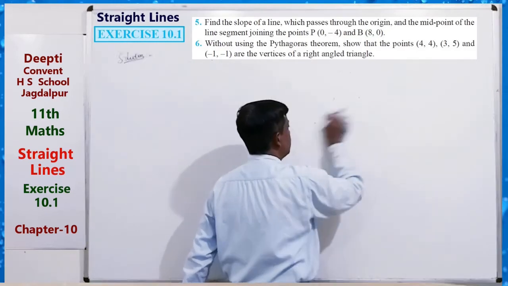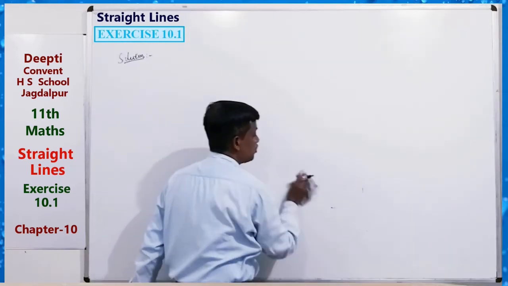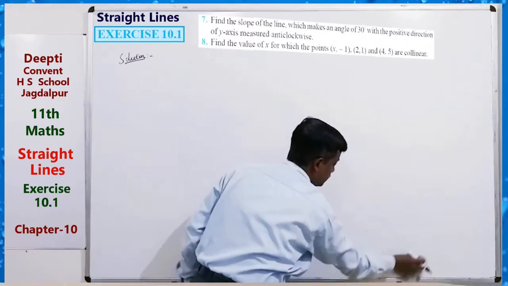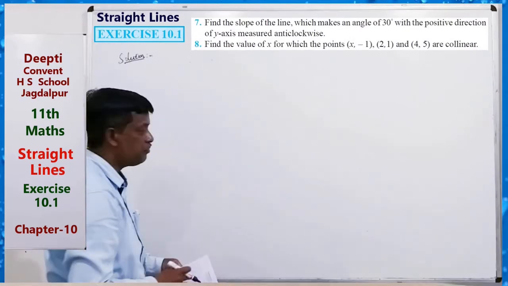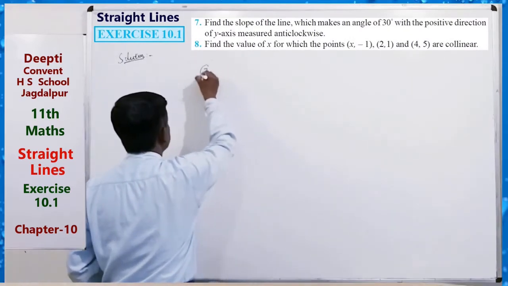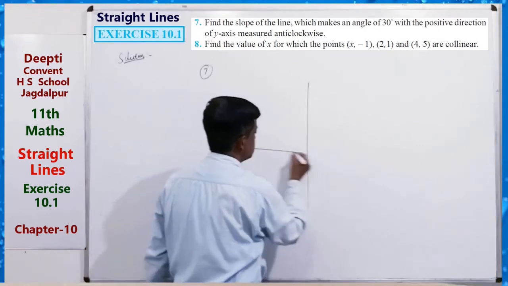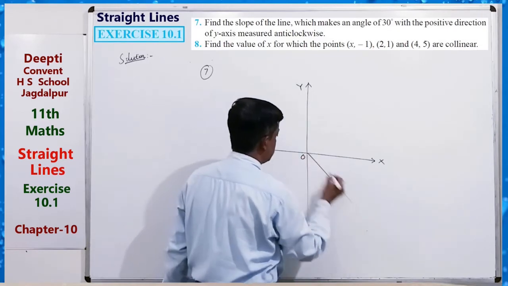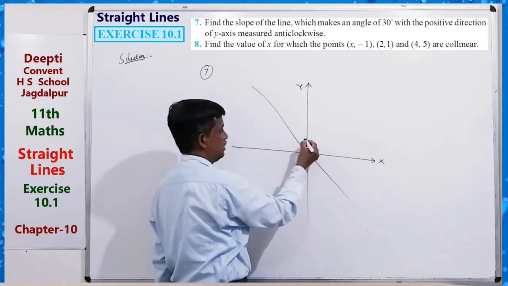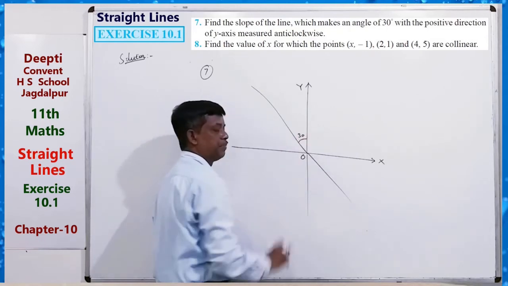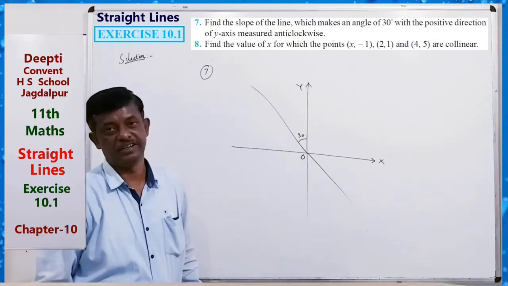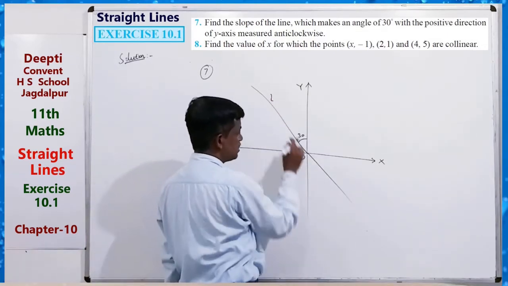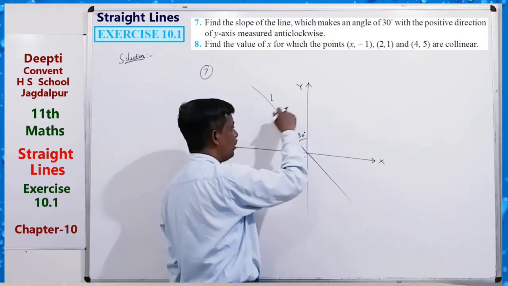Here the line makes an angle of 30 degrees with the positive direction of y-axis. Suppose this is the x-axis, this is the y-axis, this is the origin. So the line L makes 30 degrees with the y-axis.